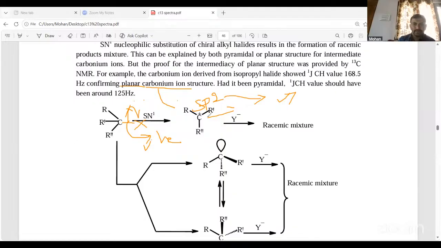So here, the possibility for the geometry or the structure is, one, it can exist in the planar structure, which is showing the sp2 hybridization, and it can acquire the pyramidal structure here, right?